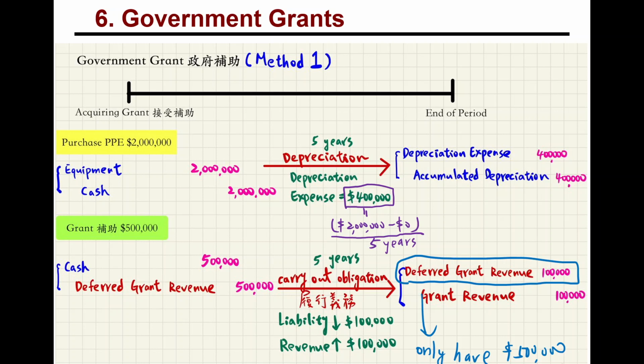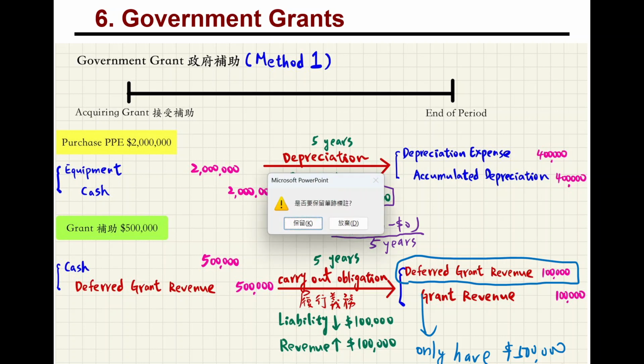No? Then you should be very careful for this $400,000. In the future, you will have liability decrease every year, right?